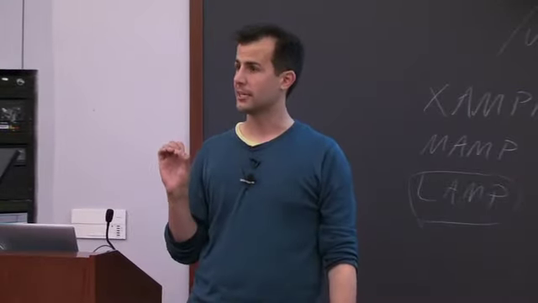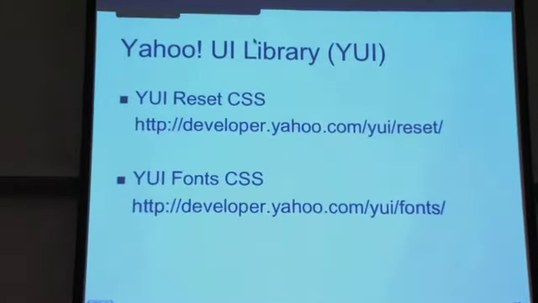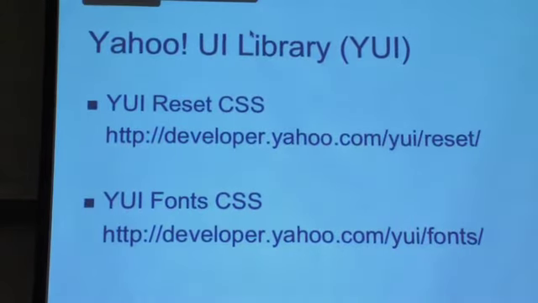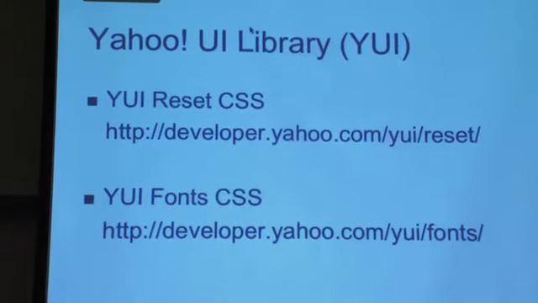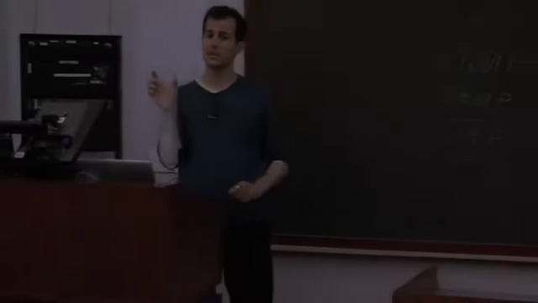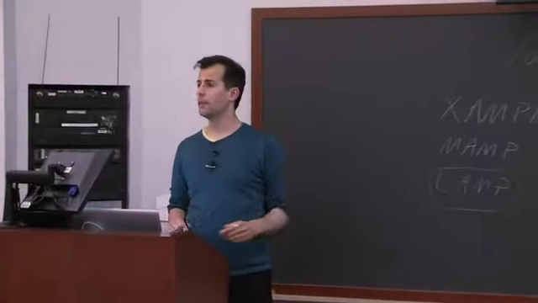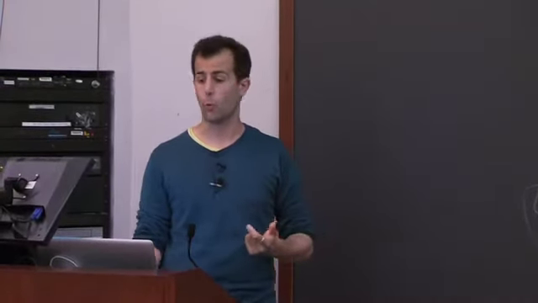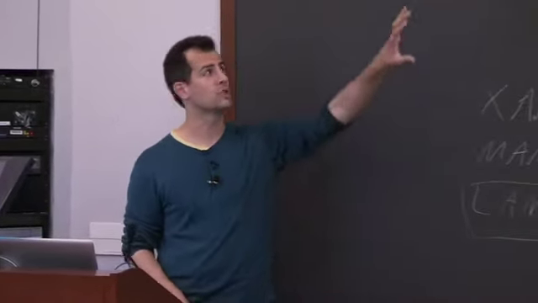Not programmatically, but aesthetically. So if you go to either of these URLs or just Google YUI fonts, YUI reset, you'll see that you just include a script tag, or a link tag for the CSS that gets you started here. It's not necessarily a requirement for all the projects, but it's a wonderfully useful design technique. You use it essentially as follows here.